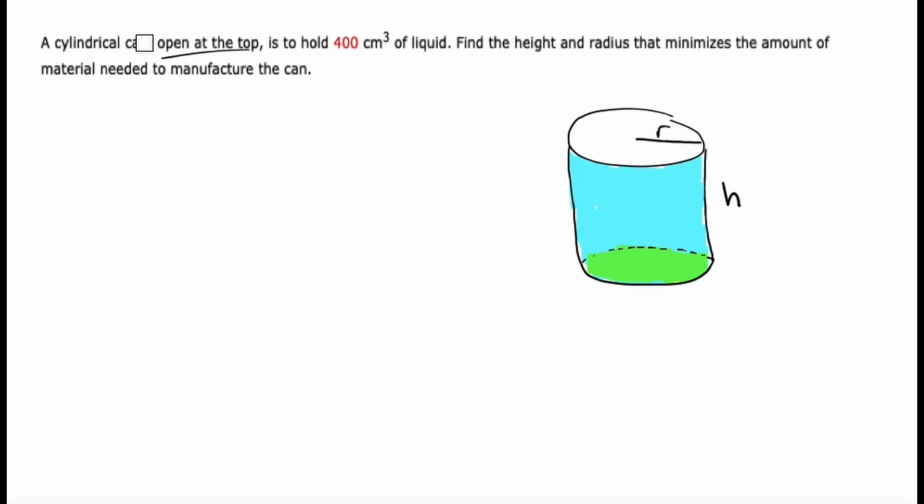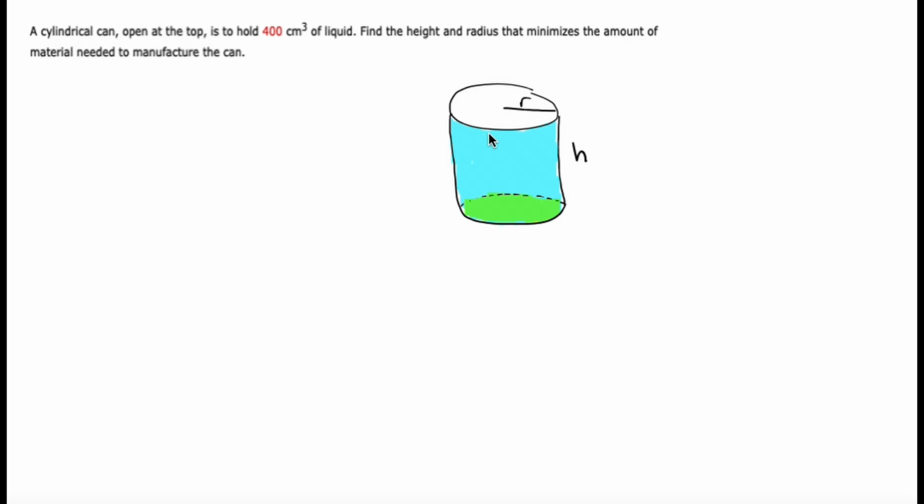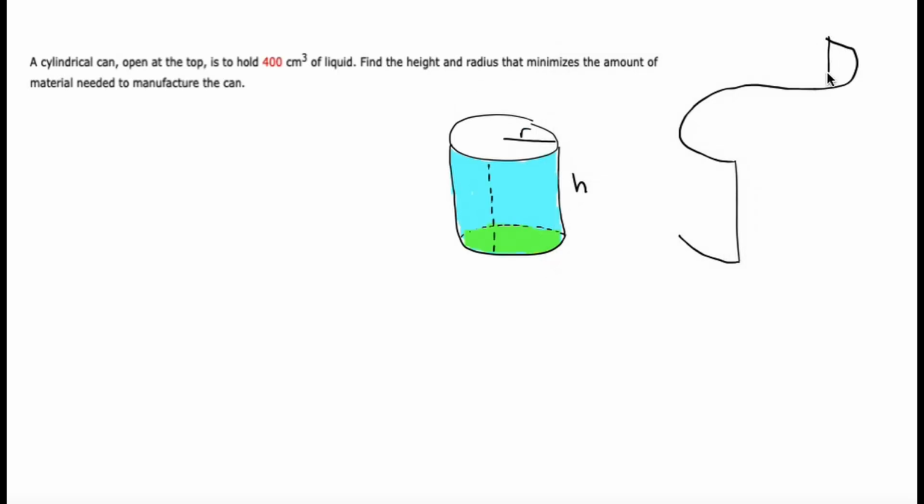Okay, so an interesting thing about the side of this cylinder is it could be cut and unwrapped. By unwrapped, I mean it winds around the can, but imagine letting it totally come apart like this. And now that is like the side of the can.